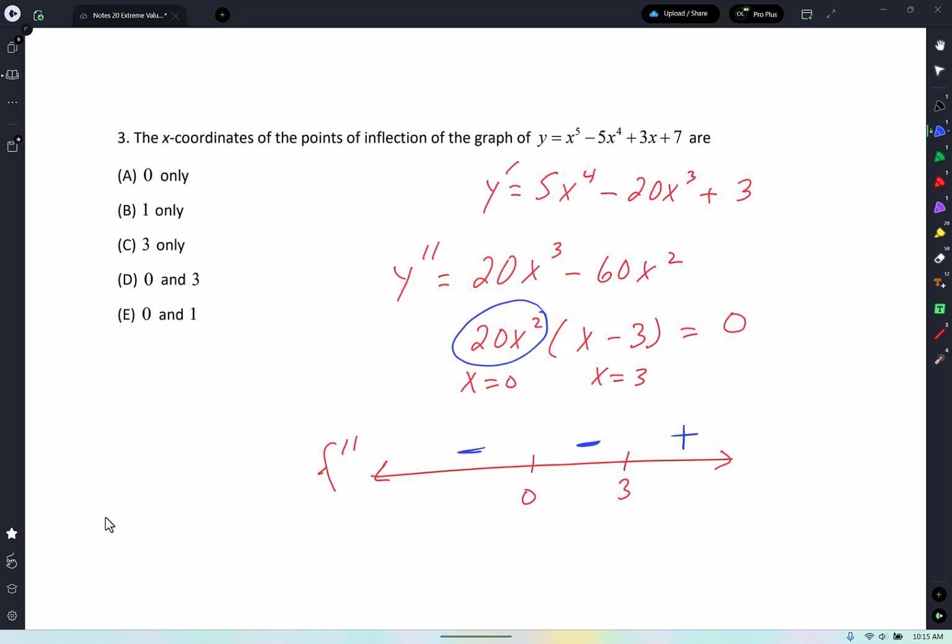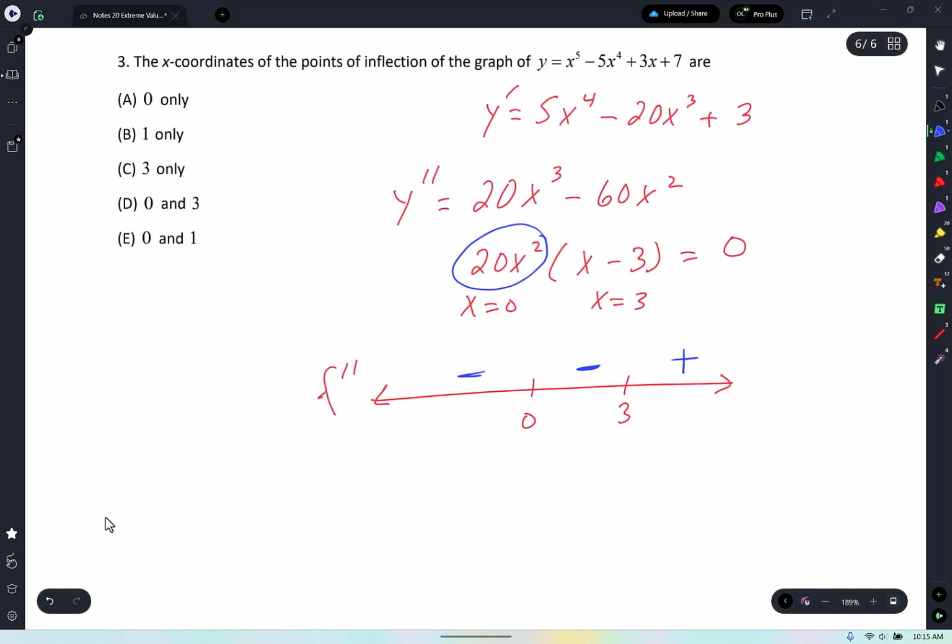Where do I have a point of inflection? At what x value? 3. That's the only one that changes from negative to positive. X equals 3 is the only one where the second derivative changes from negative to positive. So I'm going to write a statement, even though this is not a free response.